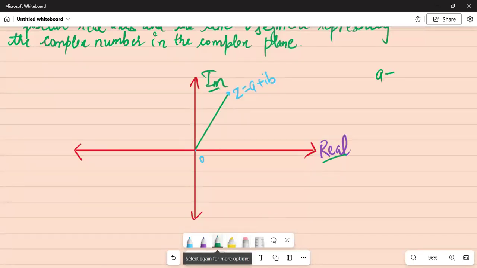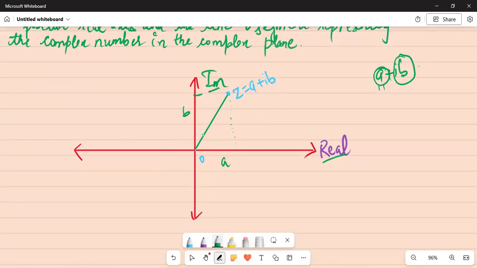When we write a complex number a plus ib, from here this is the a part from the real axis, because it is just a real number, and this is the imaginary part because it has iota with it. So from here we take b.